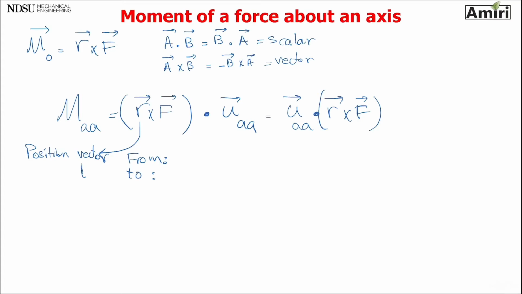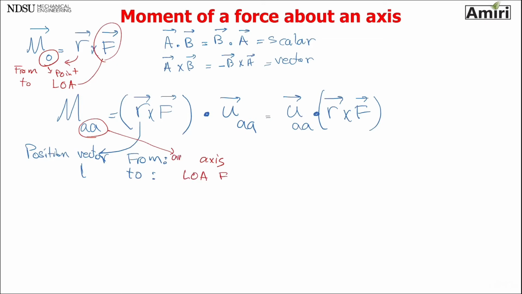For a moment of a force, I'm glad that I wrote this here, this position vector was from a point to the line of action of F. So can you guess what this position vector is from now? Instead of a point, it is from the axis to still the line of action of F. But don't forget, anywhere on the axis to anywhere on the line of action of F. And the u is the unit vector of the axis.